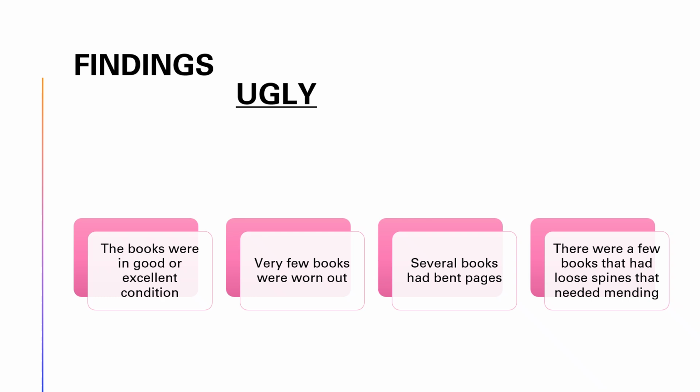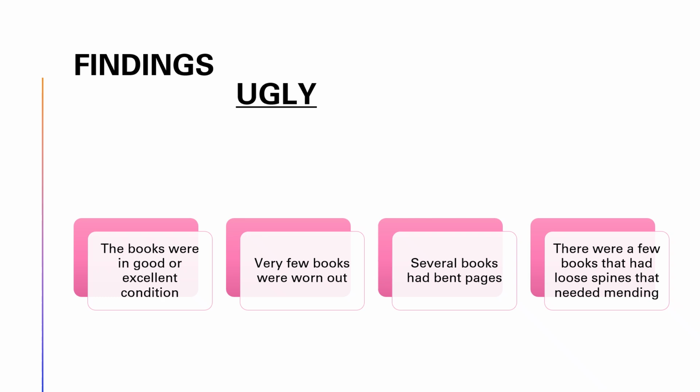What do you find that needs to be removed? Again, as we go through that process of that data, we locate the books that have not been used and we go through the process. The books were in good or excellent condition.